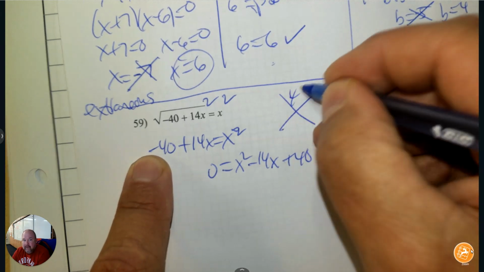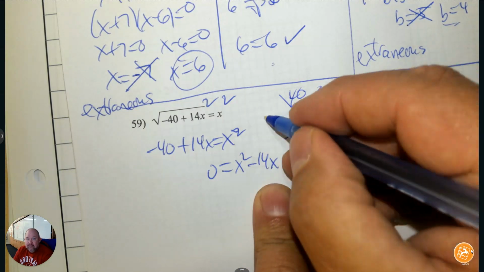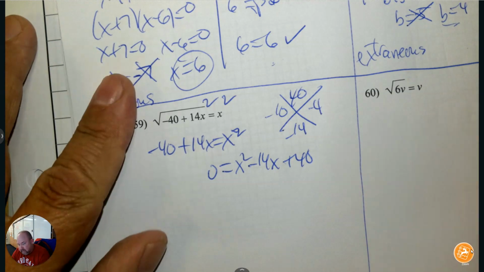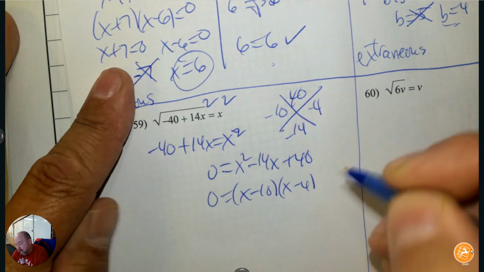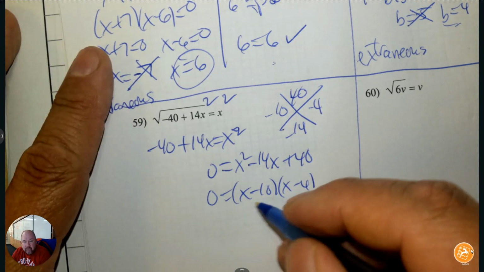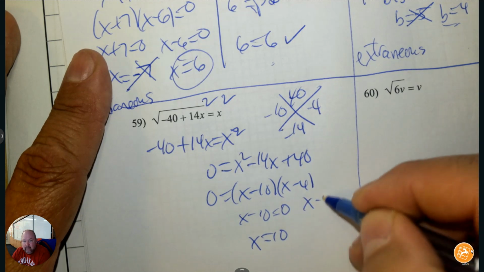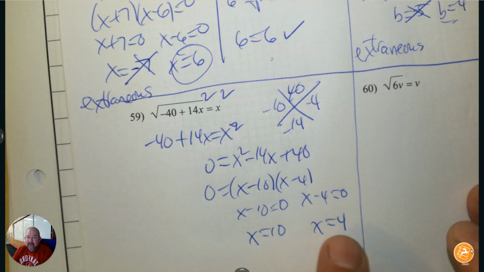So the two numbers that multiply to 40 and add to negative 14, that's negative 10 and negative 4. Those are not my solutions. Those are my factors. So what solution comes from here? Negative 10, add 10. Same one, add 4. So my answers are positive 10 and positive 4.